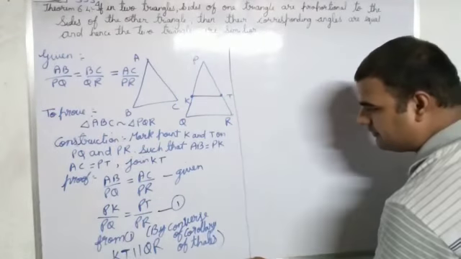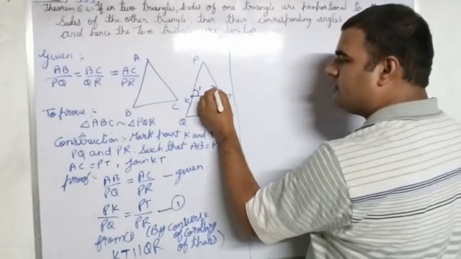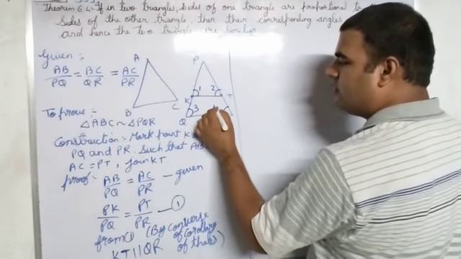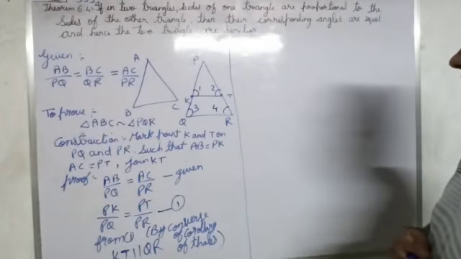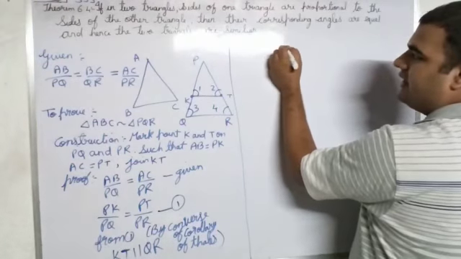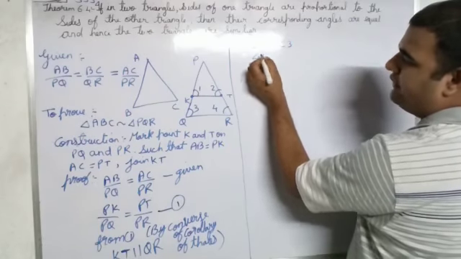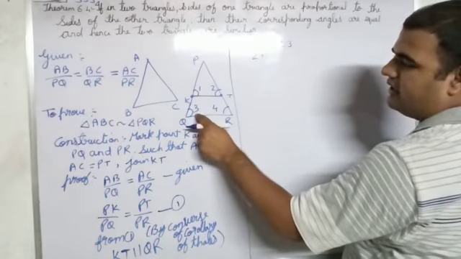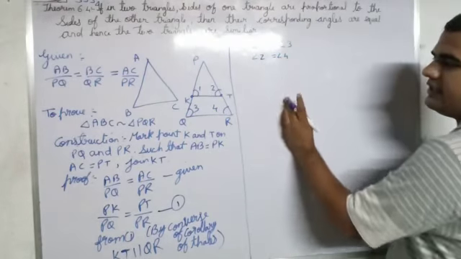Then as we have proved this, name the angles 1, 2, 3, 4, right? Now we know KT is parallel to QR. Now can we say angle 1 equals angle 3 and angle 2 equals angle 4, right?